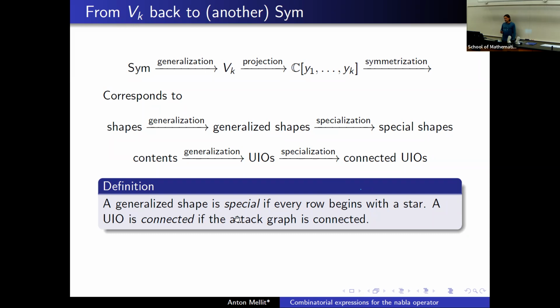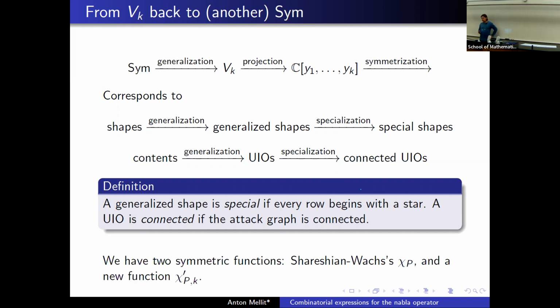So right, the attack graph. The attack graph is just that incomparability graph, because if you remember what it means for A to attack B, it just means that A is less than B and it's not comparable with B. Okay. So to summarize, we have two symmetric function constructions. One is this Shareshian-Wachs chi-P, the chromatic symmetric function associated to a unit interval order, and we have this new function.